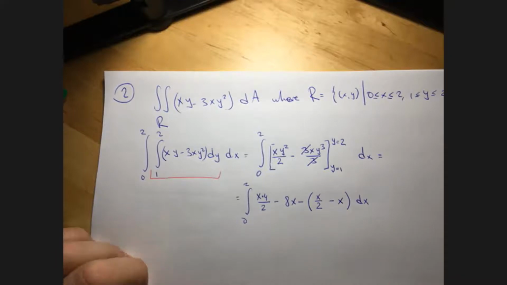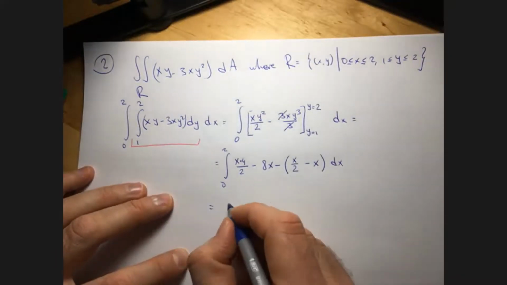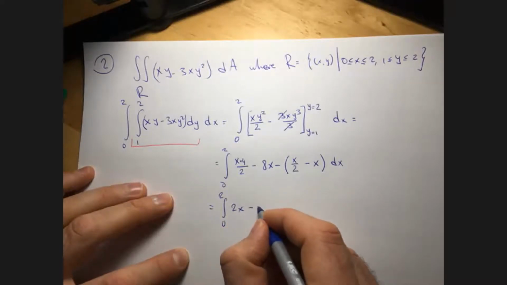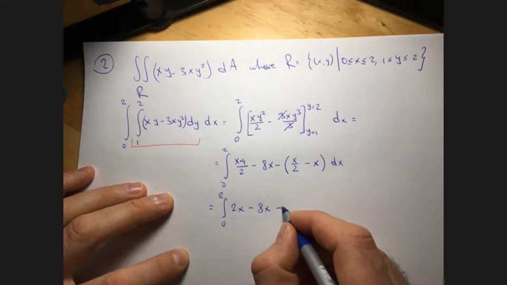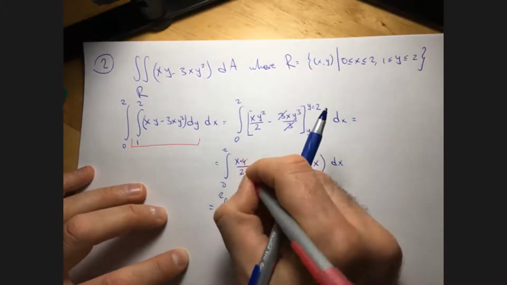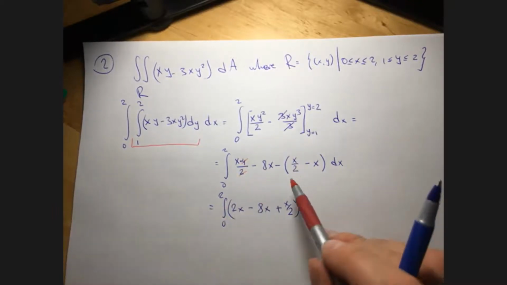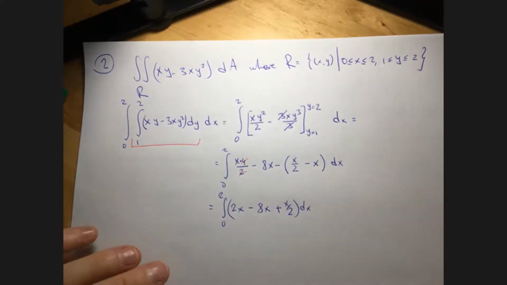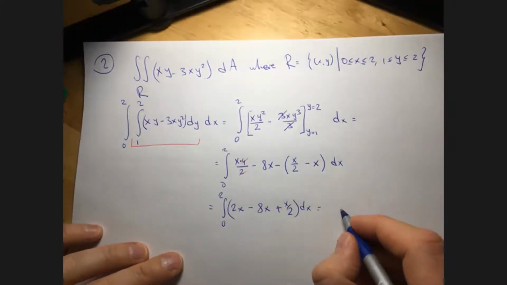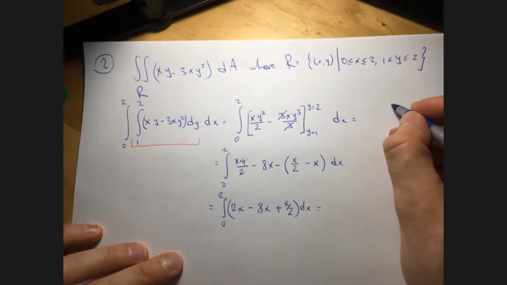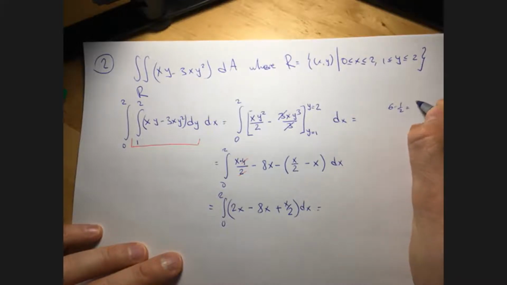And this is a very simple integral for you to finish. This is going to be equal to the integral from 0 to 2 of 2x minus 8x plus x over 2 dx. So you cancel 4 and 2, you get 2x minus 8x, x over 2 minus x is negative x over 2, with the negative it is positive x over 2, and that is how much? 6 minus 1/2 is 11 over 2.